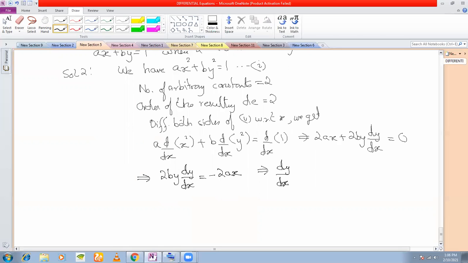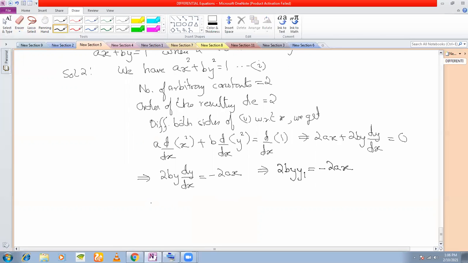Instead of dy/dx, you write y dashed or y1. It will be convenient for us to work with. So let us write 2by y1 is equal to minus 2ax.